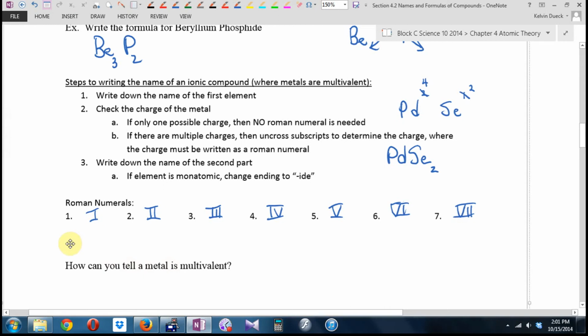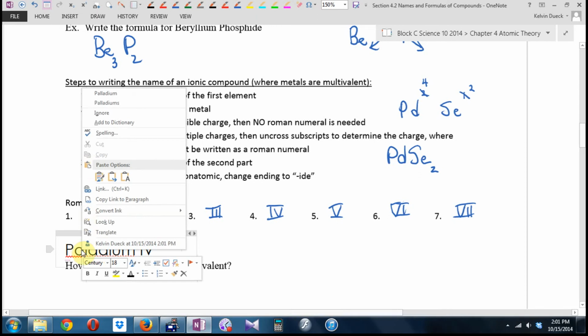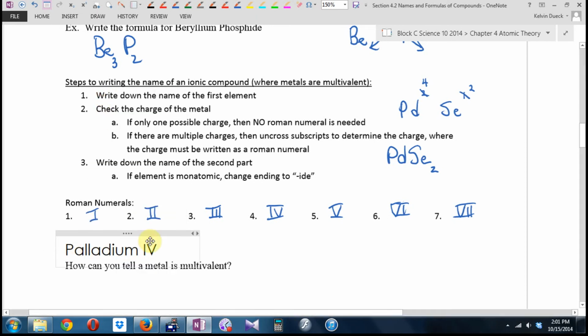If I was writing out the name of PdSe2, I would say palladium. What did we say its charge was? 4. Did I spell palladium right? 2 L's.